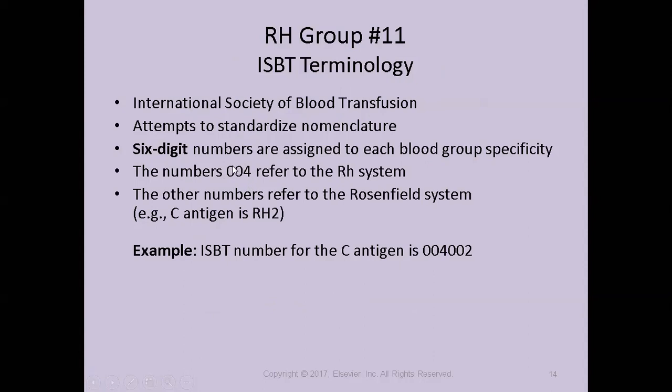And so we looked previously about how 004 applies to the RH blood group system. The other numbers refer to the Rosenfield system. Okay, so the ISBT number for the big C antigen would be 004-002. If it was the D antigen, it would be 004-001. Okay, so you can see how they are related.